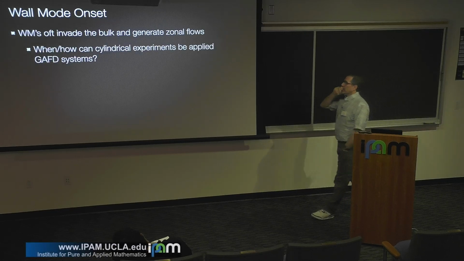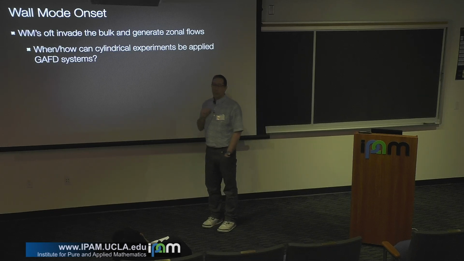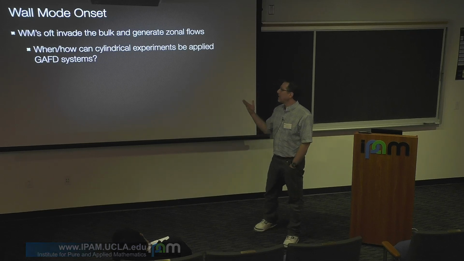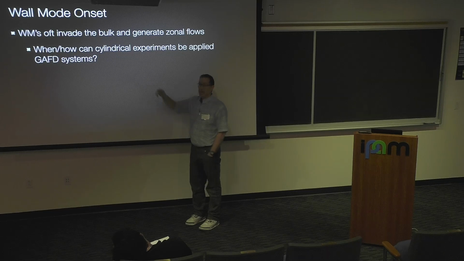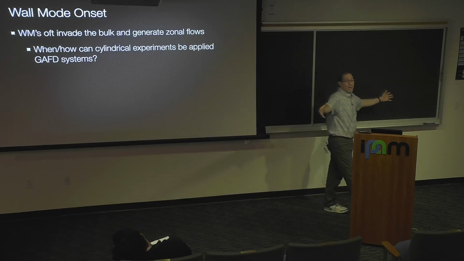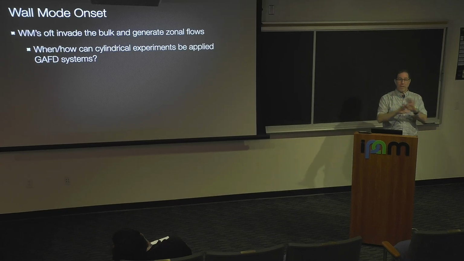And that leads to the question that really ties between the fluid physics and the geophysics or GAFD communities. When can we apply cylindrical experiments to natural systems? If we're looking for some extended layer dynamics, but it's actually the wall mode that's taken over the whole system, then we better be pretty careful how we go back and forth.